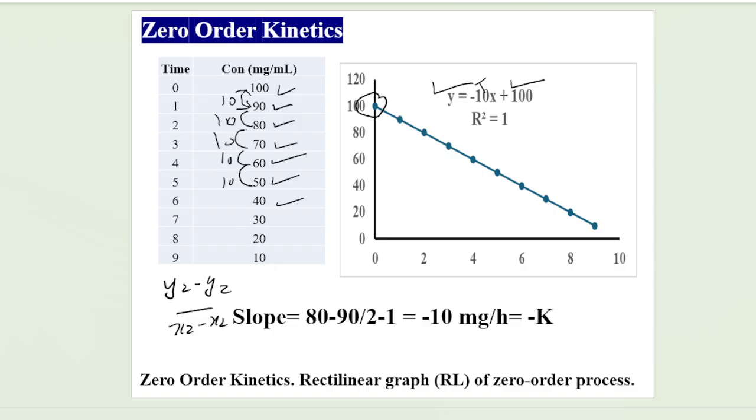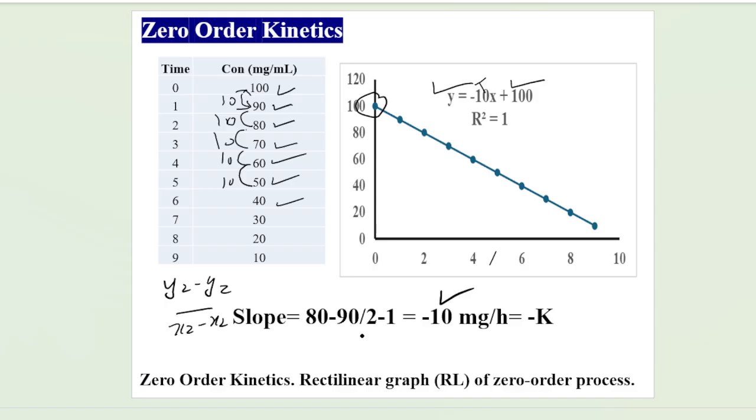So in this case आप कोई भी data इससे ले सकते हैं because everywhere there is 10 decrease, like you take y2 as 80 and y1 as 90. क्योंकि y2 is less as compared to y1, so 80 minus 90 divided by the time, 2 minus 1, 2 hour और 1 hour, so the denominator is equal to 1. So 80 minus 90 is equal to -10, में हमारा answer आता है milligram per hour. अगर ये concentration होती it would be milligram per ml per hour हम उसको कहते हैं.